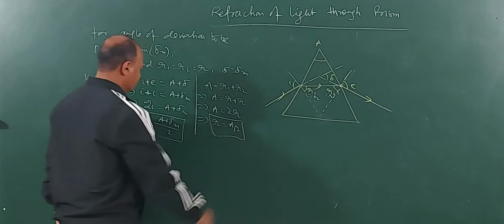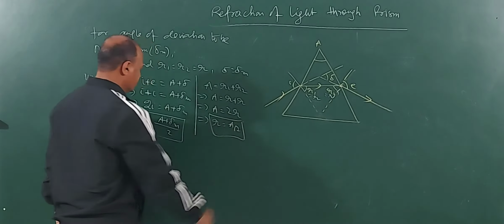Now if you use Snell's law, then mu, the refractive index, is sin I by sin R. I am writing mu here; if you want, you can use n, that's up to you, you can use any symbol. Mu is equal to sin I by sin R. Let's substitute the values.